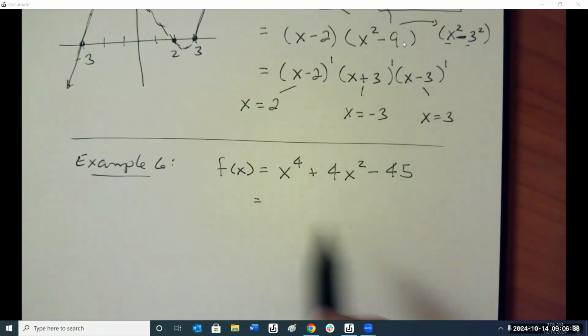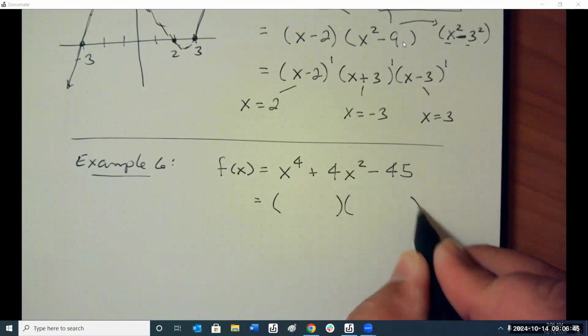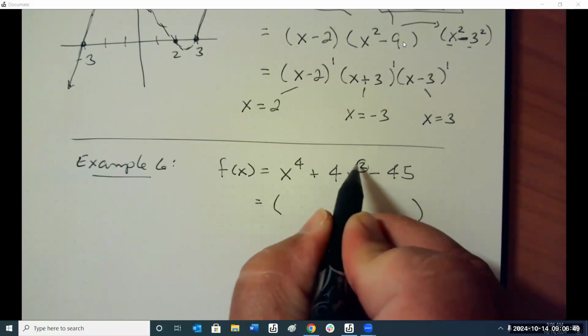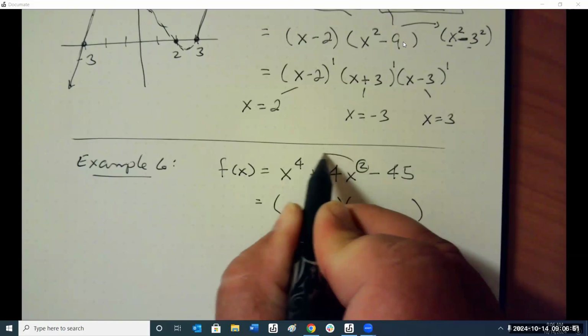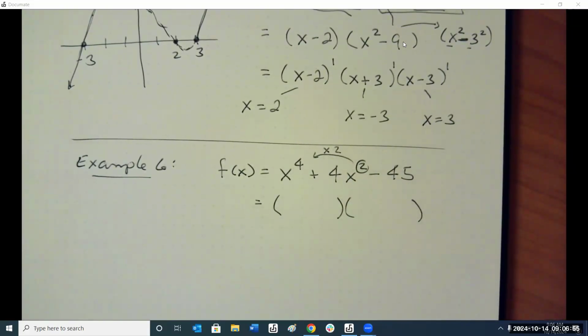We're lucky because this one is factorable. How do we know it's factorable? Because it's quadratic in form. Take the middle exponent; if we multiply it by 2, we get the first. So it's quadratic.